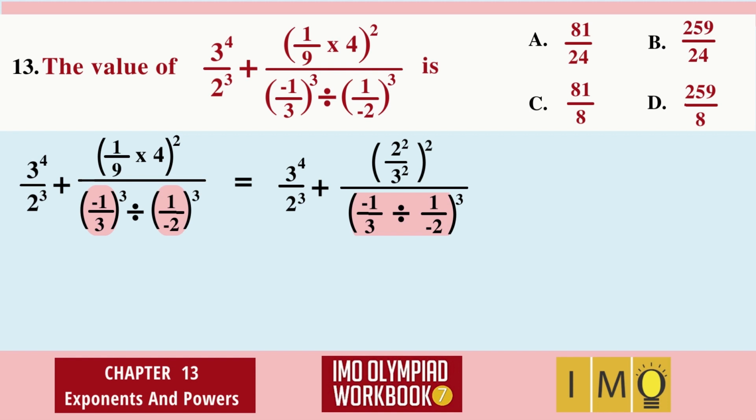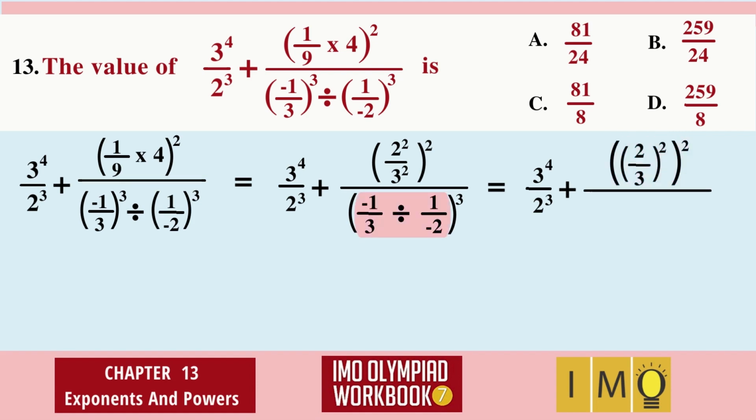Next step, let's simplify the numerator. 2 square by 3 square can be written as 2 by 3 the whole square. So our numerator becomes 2 by 3 the whole square, the whole raised to 2.